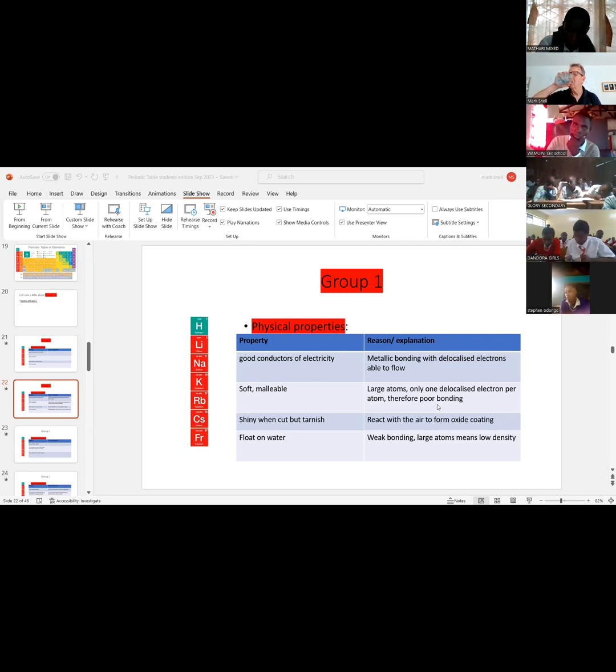Poor bonding. They are shiny because they are metals, but they tarnish because they react with the air. Don't write everything down. It's just simple, and you will get this afterwards. And they float on water because they are not dense. Most metals will sink through water, but the group 1 metals don't.